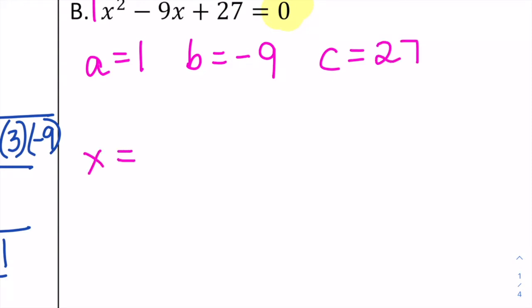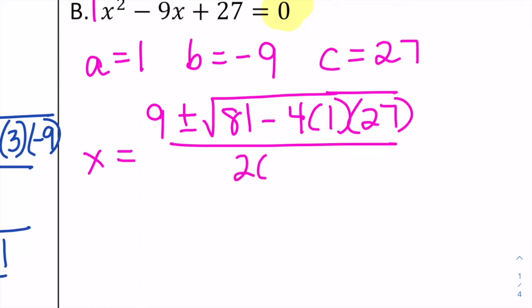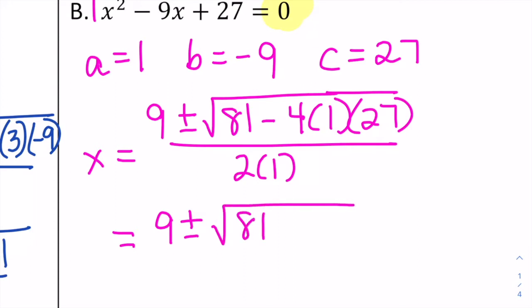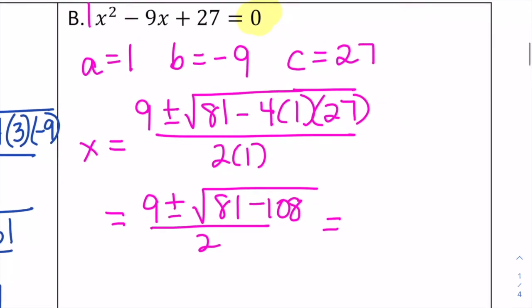So plugging that into the quadratic formula, we have 9 plus or minus the square root of 81, since -9 squared is 81, minus 4 times a, which is 1, and c is 27, all over 2 times 1. So let's simplify this.